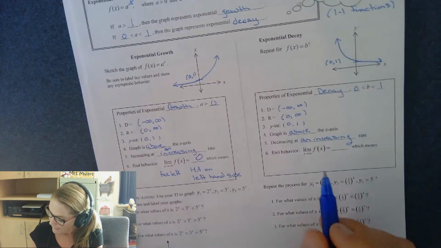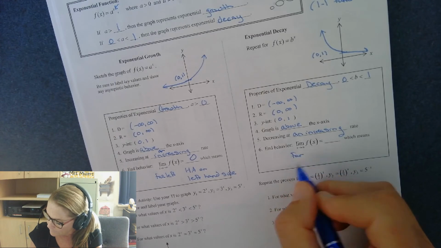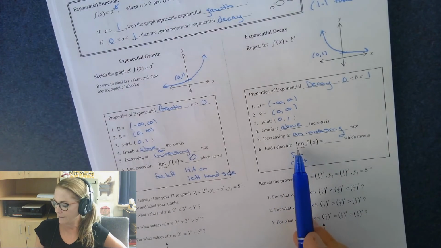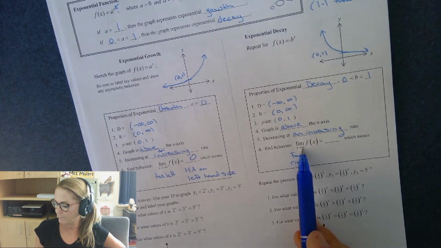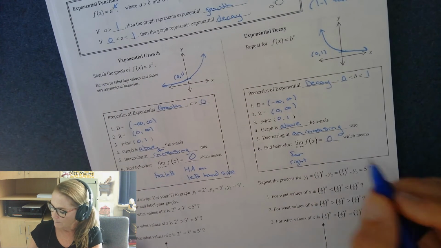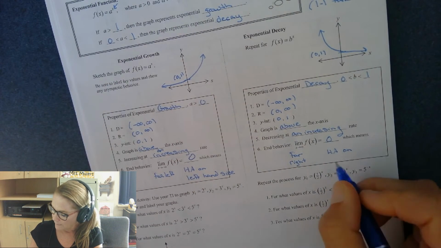And then what's happening as x goes to the far right? What's the limiting value, as x goes to positive infinity or negative infinity? This is also leveling out at 0, so that means we have a horizontal asymptote on the right-hand side.